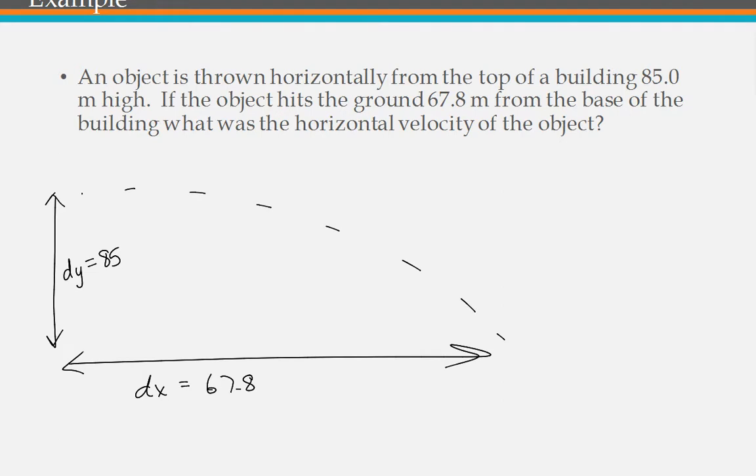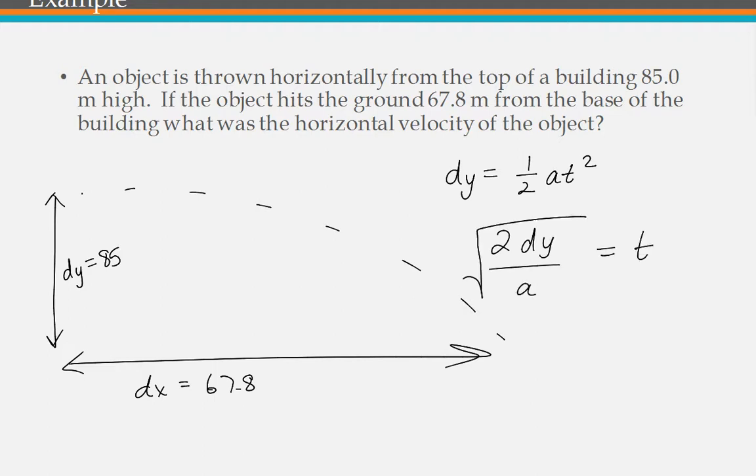Alright, so for this question, you were supposed to be able to accomplish this on your own. I would just use the fact that dy equals 1/2 AT squared. So twice dy over a, square root, will give you t. I think someone was showing me 4.16.